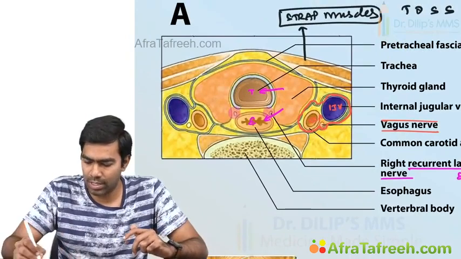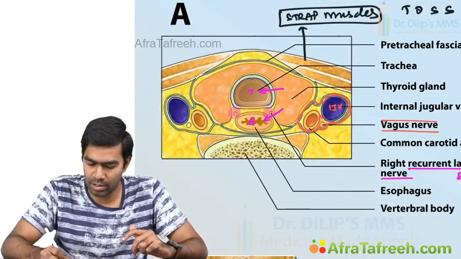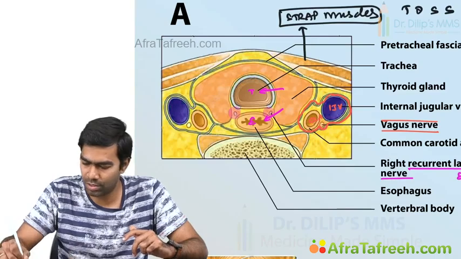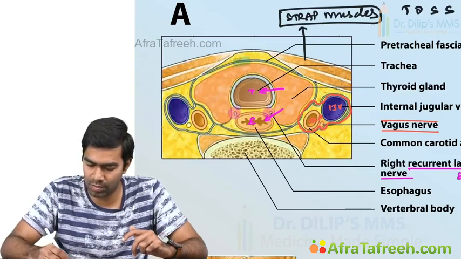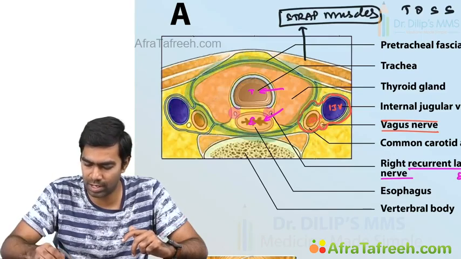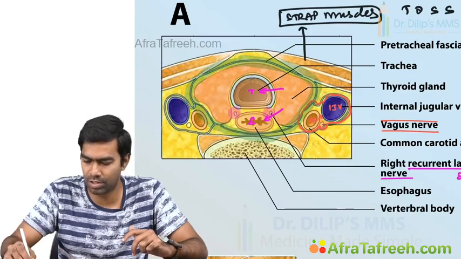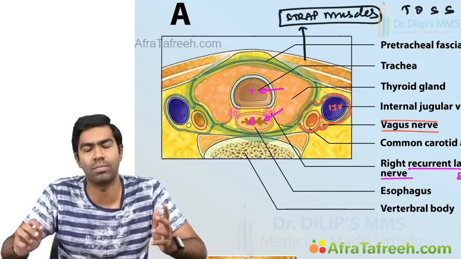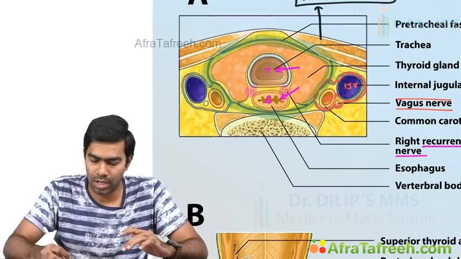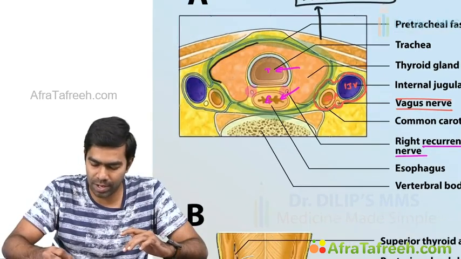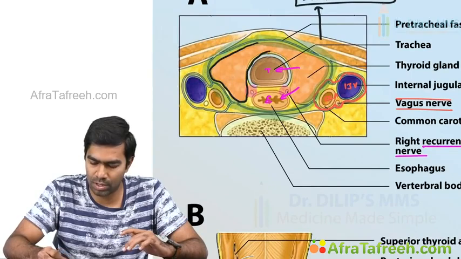At the same time, you can see thyroid is enclosed by a very important fascia. This fascia is what we refer to as the pretracheal fascia. What I am drawing here, I will highlight also. This is what we refer to as the pretracheal fascia, and the thyroid is invested along with the pretracheal fascia. And you also have a fibrous capsule along with the thyroid gland.